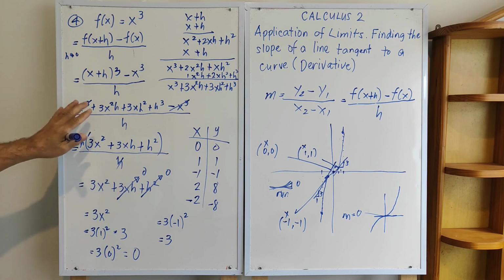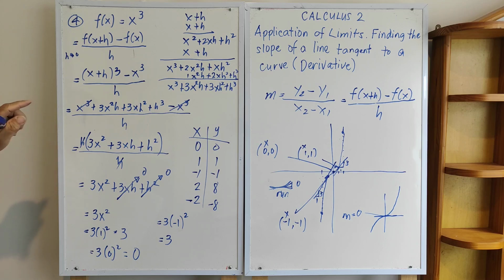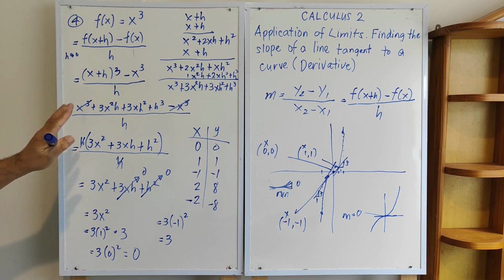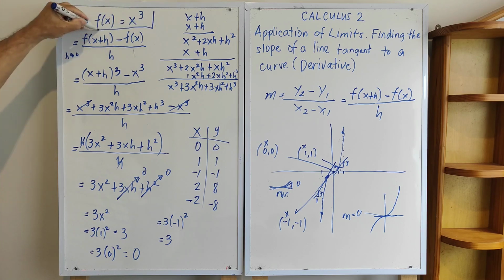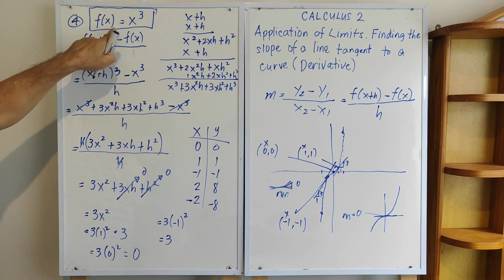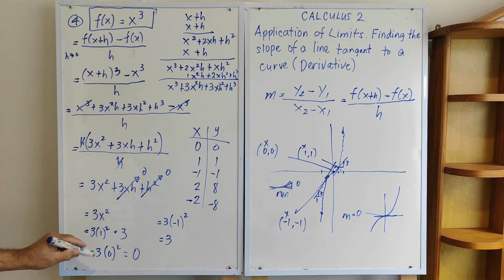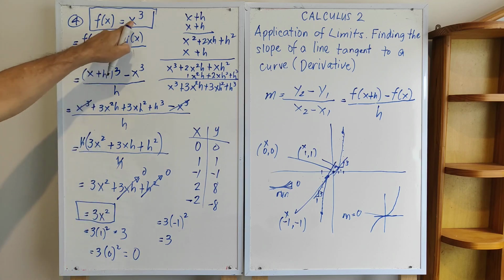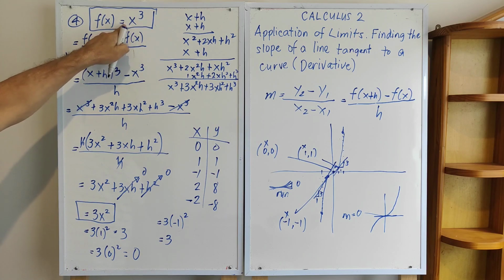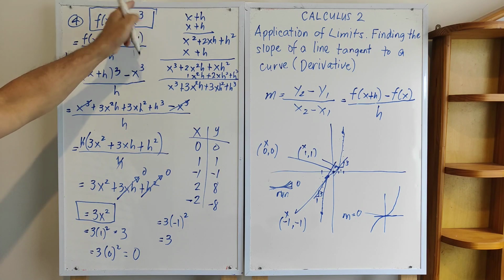This is how you will understand, but there are shortcuts. Like, see, this is your function, and this is your final answer. The shortcut is that this exponent goes in the front, and then you subtract 1.